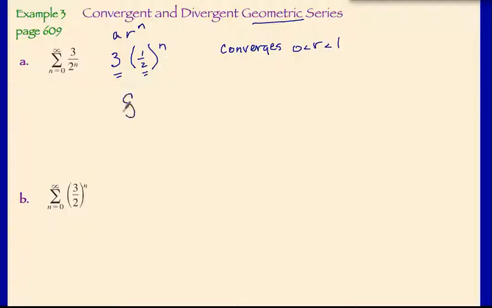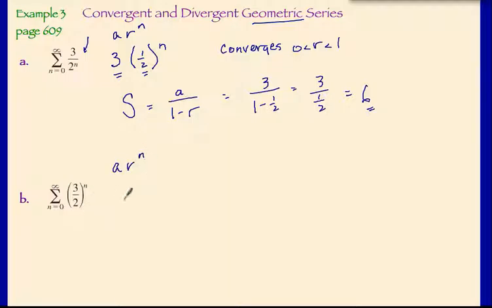So let's find the sum. The sum is A over 1 minus R. That means 3 over 1 minus 1/2, which is 3 over 1/2, which is 6. Therefore, this sum converges to 6. The series adds up all of those infinite terms to 6. Now let's look at letter B. Once again, this comes into the category of a geometric series, A R to the n.